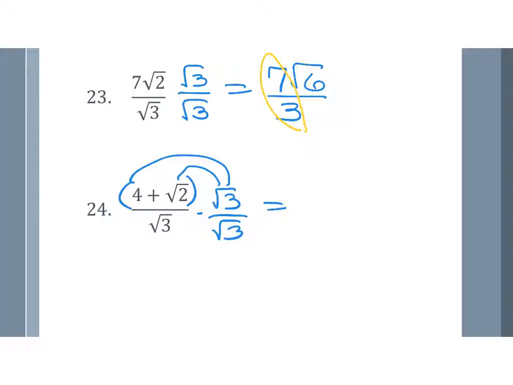So this becomes 4 square root 3 plus square root 6 over 3. I cannot add that numerator because these are not like radicals, and I can't simplify anything. Again, that 3 that's in the denominator is outside a radical, so I can't simplify it with those things underneath.